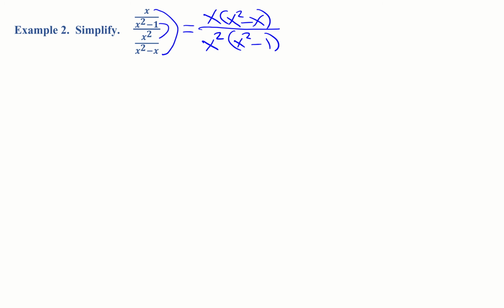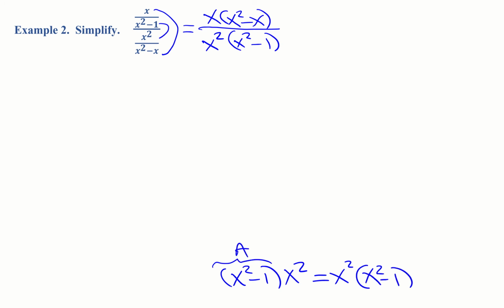Of course, we know that x squared minus 1 times x squared is exactly the same as x squared times x squared minus 1. Think of this as a and this as b. So all you're doing is saying a times b is equal to b times a, which is called multiplicative commutativity, or the commutative property of multiplication.